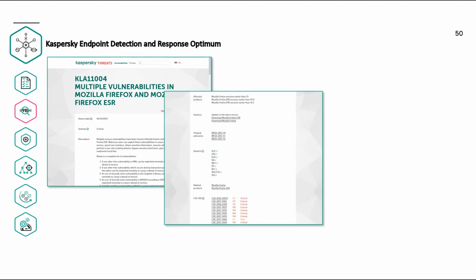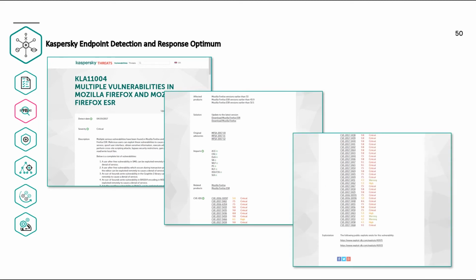And again, this is a free website you can do research on. It'll list out vulnerabilities and exploits that you may find in your environment. We give a complete description of what the vulnerabilities do, what the affected products are, and the recommended actions to fix them. Any CVEs, common vulnerabilities and exposures, and links to find out more information about the exploits.